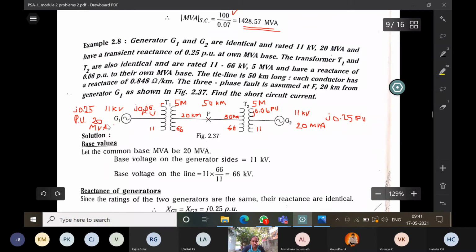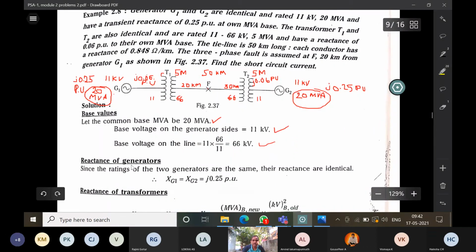So choose 20 MVA as the common base for all sides. For the generator side it will be 11 kV base voltage. For the transmission line side it will be 66 kV, as the 11 kV cancel. Here 11, here 66, here 11. So these are the base values.